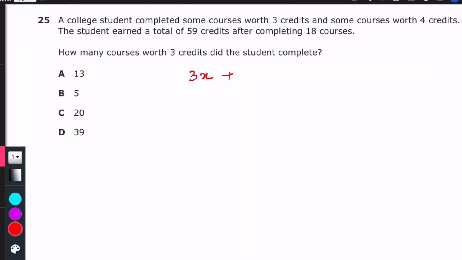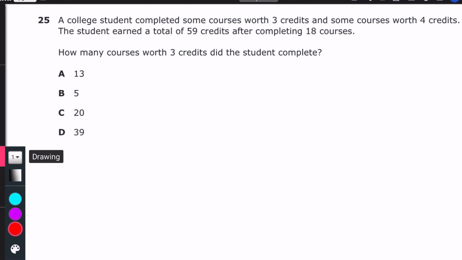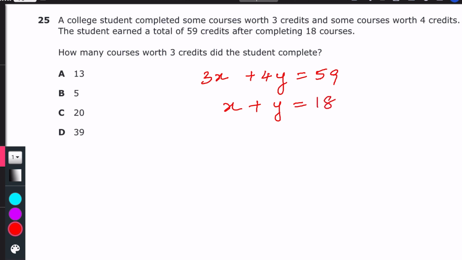So 3x plus, with 3 credits one we are taking 3x plus 4y is equal to 59. The student earned a total of 59 after completing 18 courses, so the courses give x plus y is equal to 18.